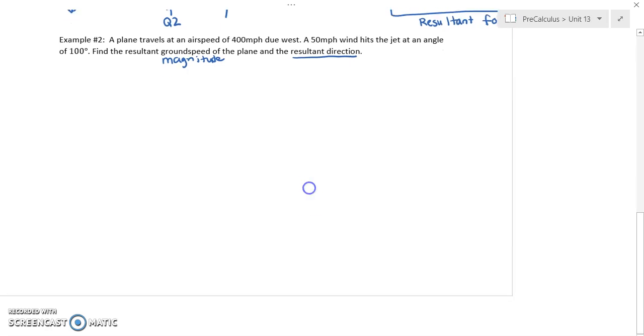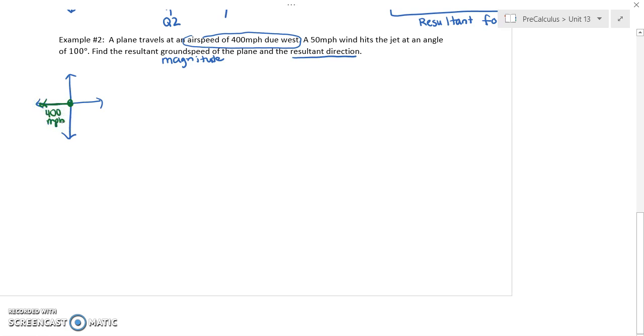We need to get those forces together first before we even start magnitude and direction. Okay, so let's look at the first force. The first force is an airspeed of 400 miles per hour due west. So west is going left to me. So I'm going to go ahead and just sketch it out. This right here is 400 miles per hour.